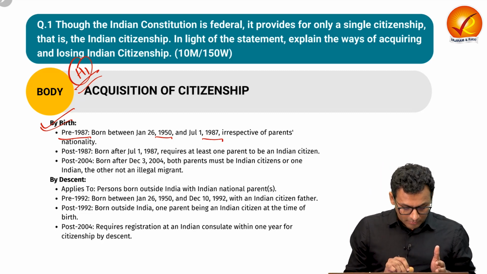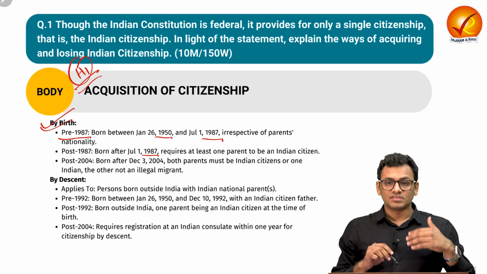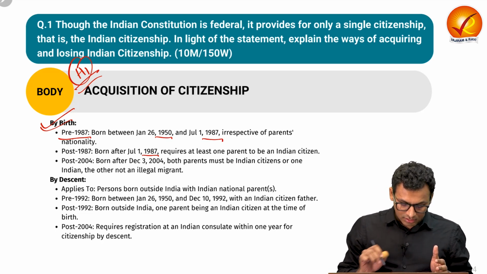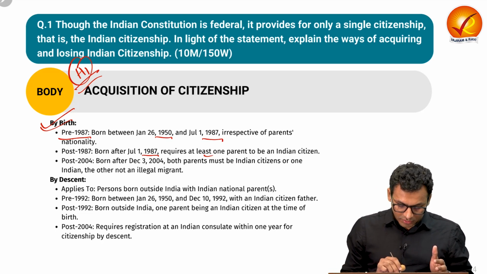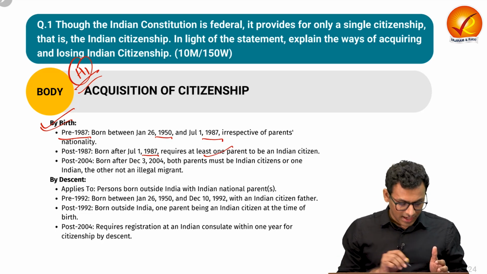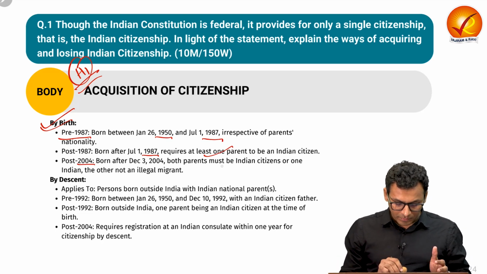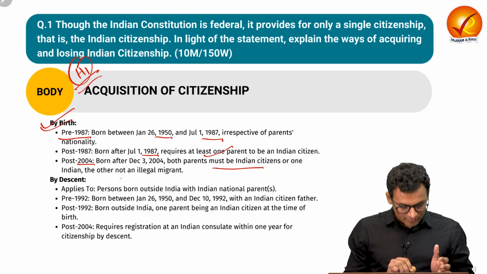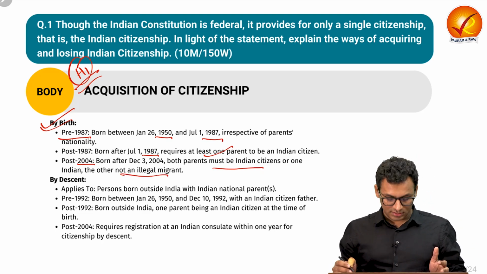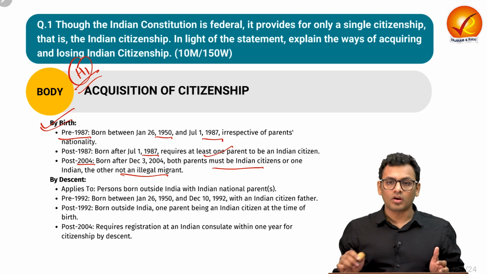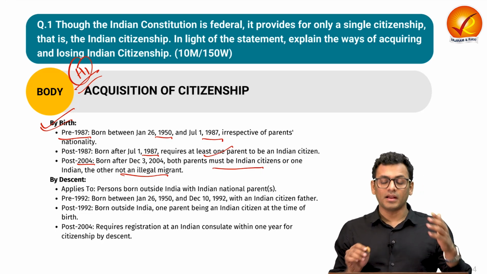For people born after 87 till 2004, we have a requirement of at least one parent to be an Indian citizen, and post 2004, both parents must be Indian citizens or one parent must not be an illegal immigrant. So that is something we can talk about for citizenship acquired by birth.